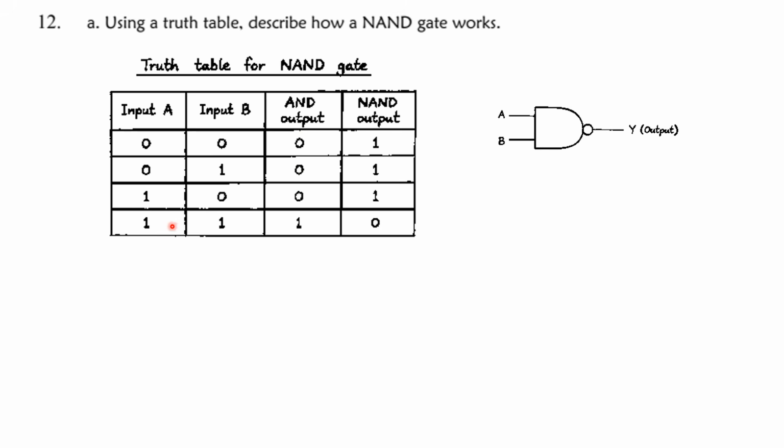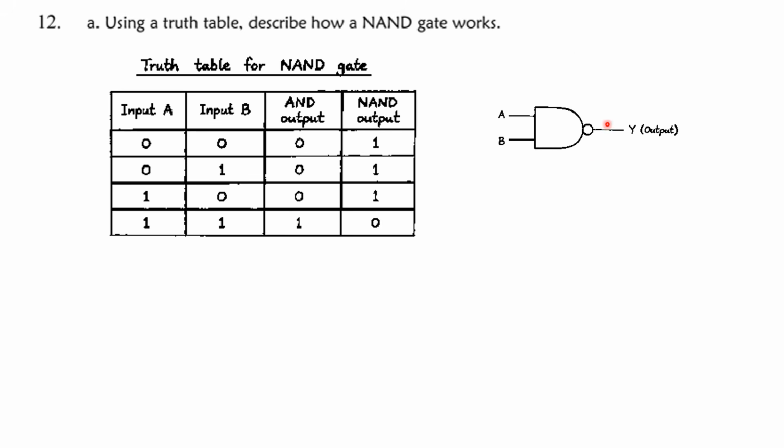When both A and B are ones, an AND is 1, but a NAND is going to invert that to a 0. A NAND becomes high when an AND gate is low, and becomes low when an AND gate is 1.